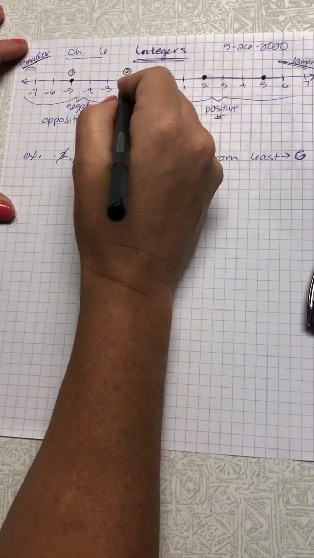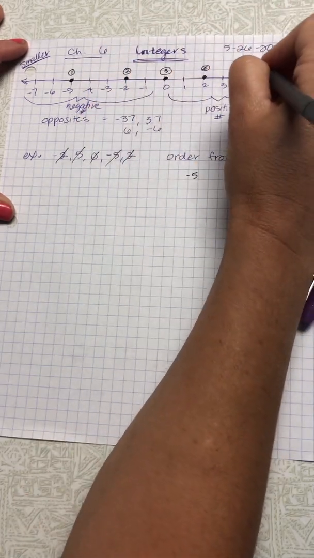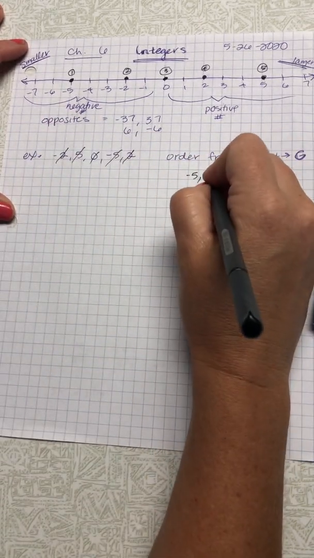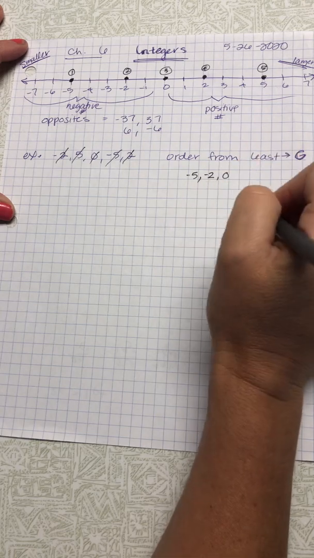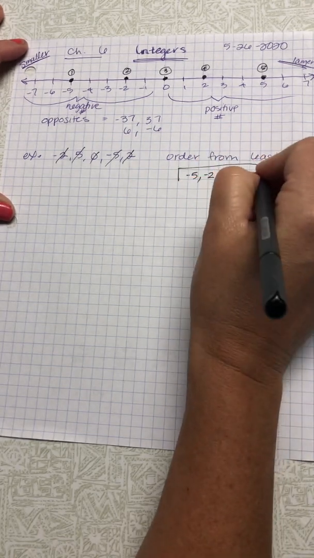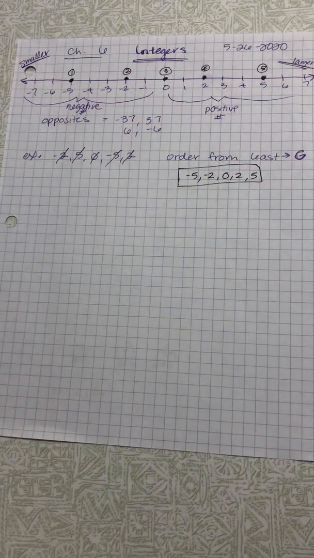So this should be my second number, my third, my fourth, and my last. So -5 is first, then I go to -2, then 0, then +2, and then 5 as my final, okay? Positive numbers are always larger than negative numbers, right? They're opposites.